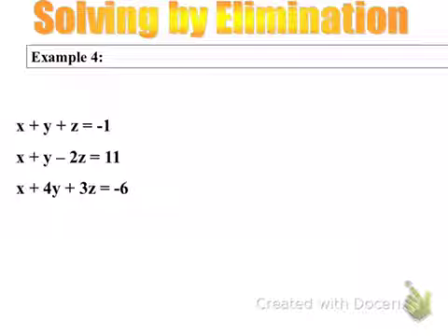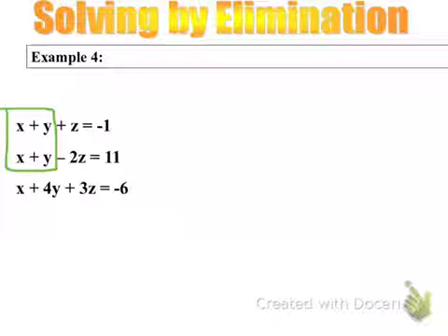What about the y's? See what's different on this problem, and if you see it, then you save yourself some time. We could use those two equations to eliminate x and y in one step and get us straight to a z value. And what it would look like is this.